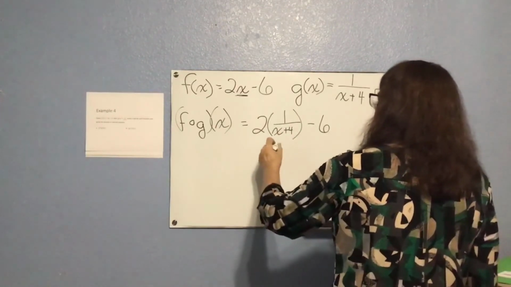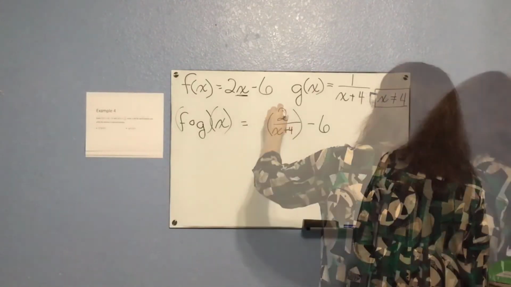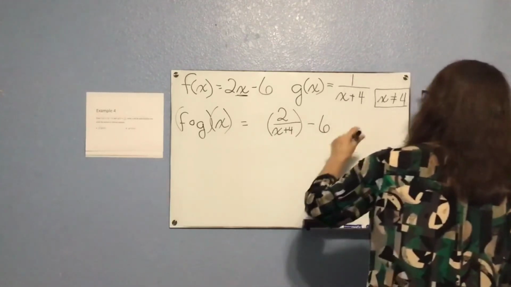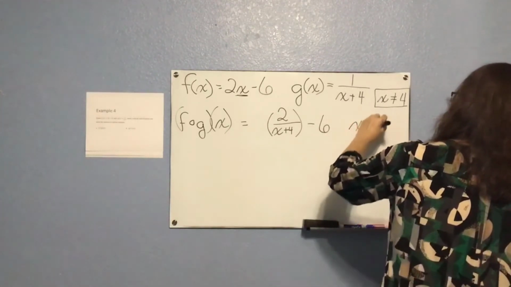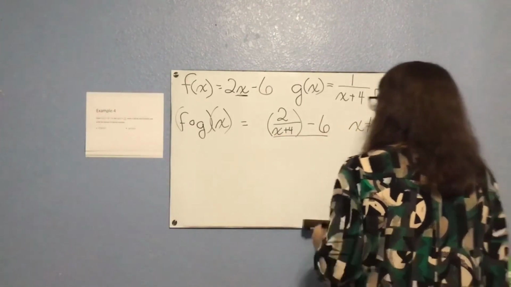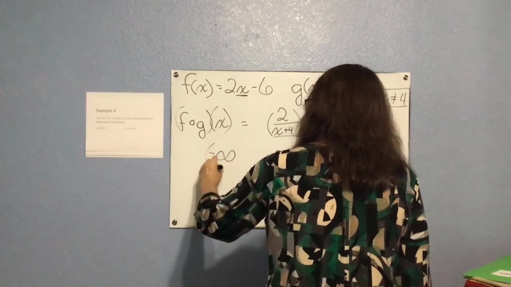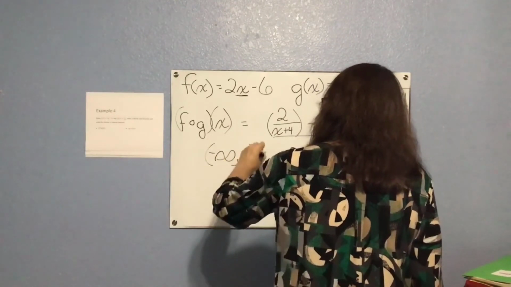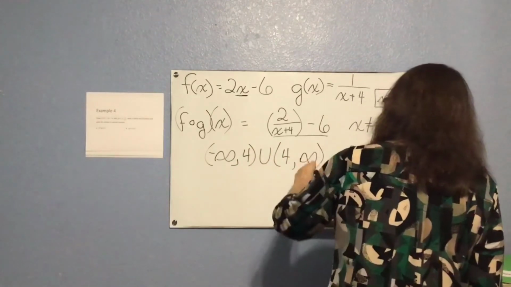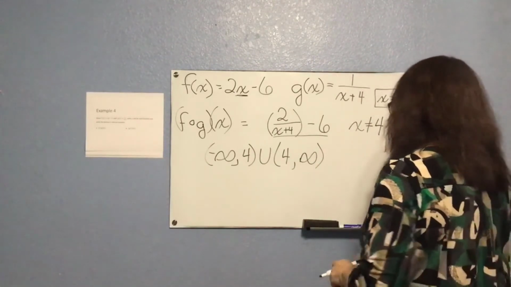When I look at this, I could just take this 2 and put it up here. And my domain hasn't changed. I still cannot use x equals 4. So this is my function, and my domain would be from negative infinity up to 4, skip over 4 and go from 4 to positive infinity. So this is f of g of x.